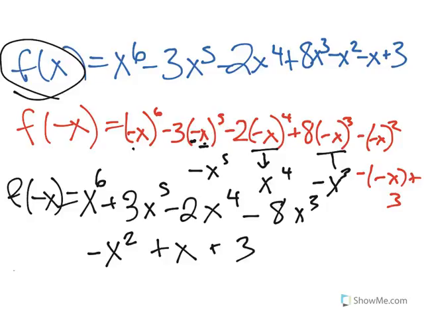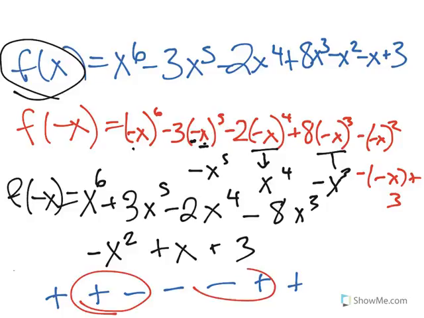Now let's see how many sign changes do we have. So we go from positive to positive, negative, negative, negative, positive, positive. So here we find one transition, two transitions, two sign changes.